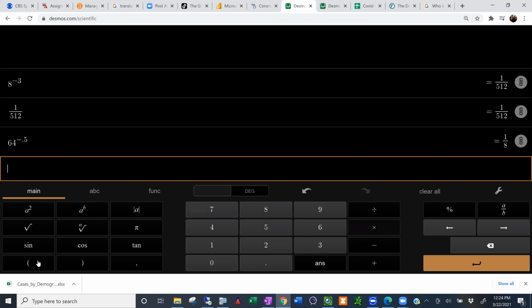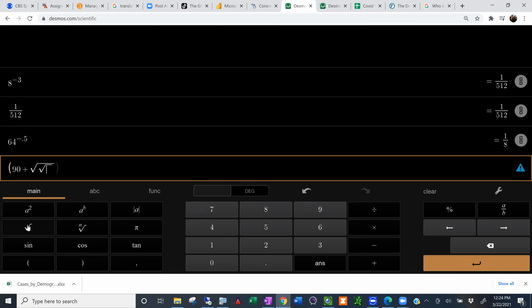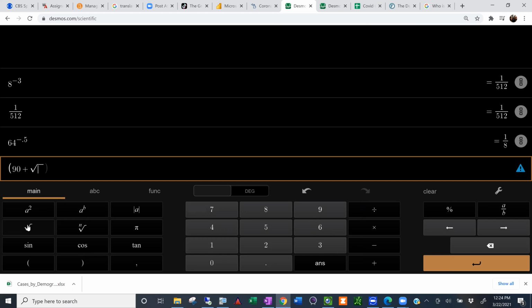Where's the parentheses? Oh, here we go. So it would be parenthesis 90 plus square root. Oops, I don't want 2 square roots, I want 1 square root. Square root of 7,088.